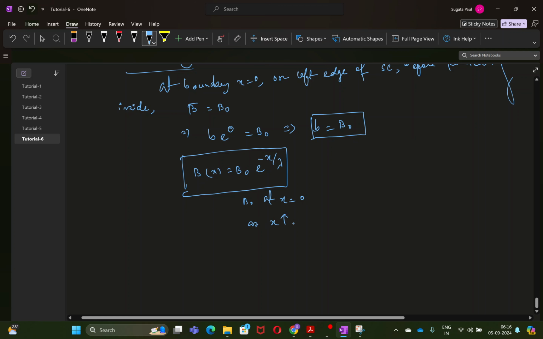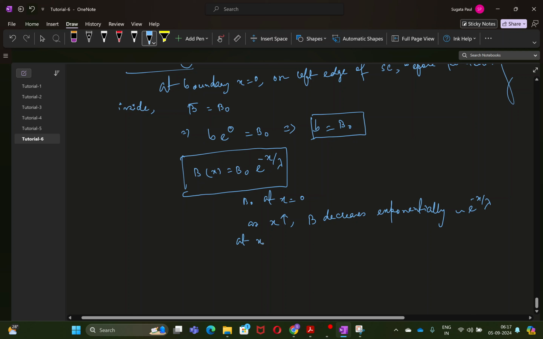As gradually x increases, B decreases exponentially. So it decays exponentially because there is this e to the power of minus x by lambda form. As you increase x, this will decrease.